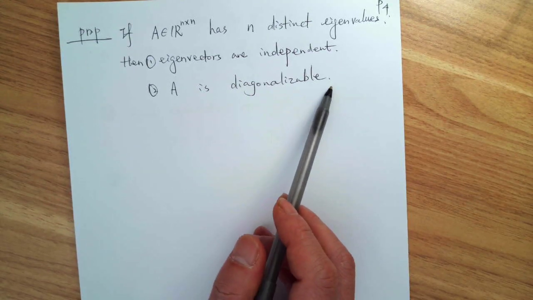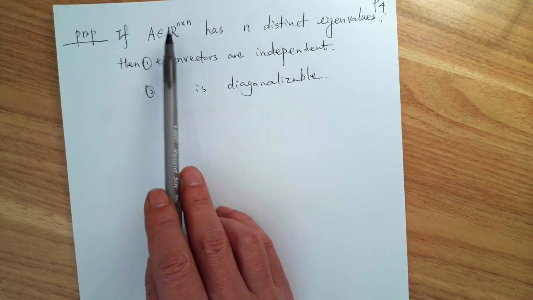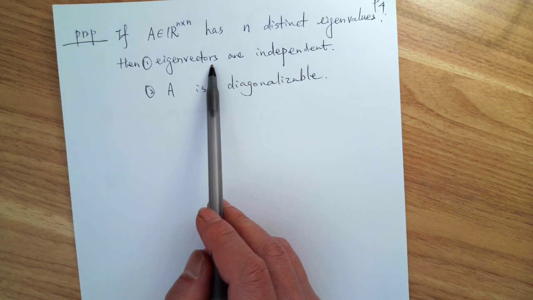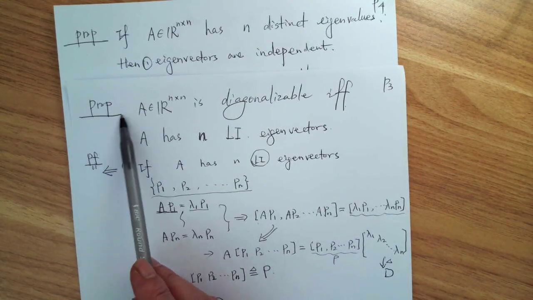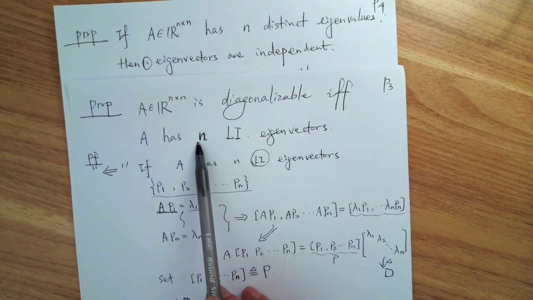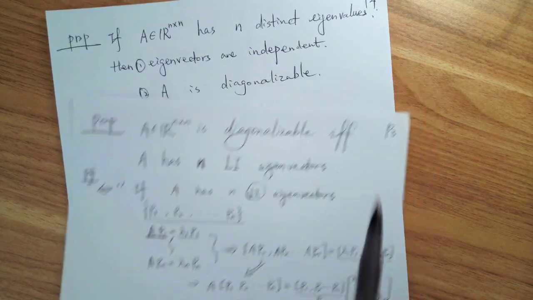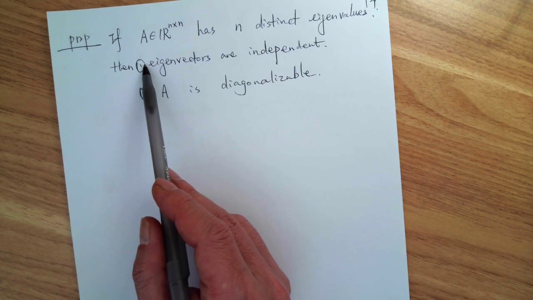But this is a conclusion of the first claim. If A has n distinct eigenvalues, then eigenvectors of A are independent of each other. And from the previous proposition, suppose you have n linearly independent eigenvectors, then it is diagonalizable. So 2 is a corollary of 1.